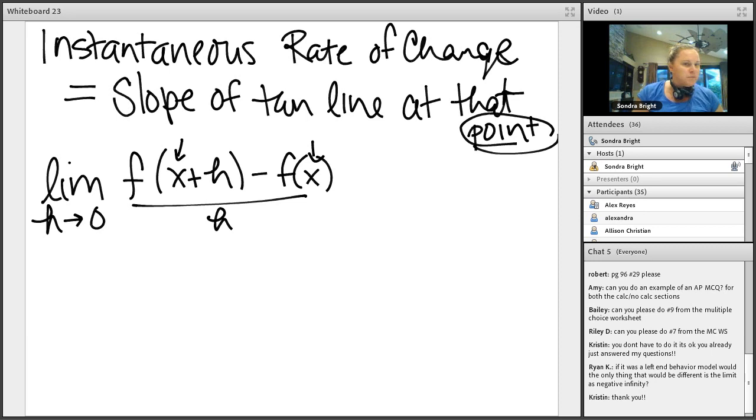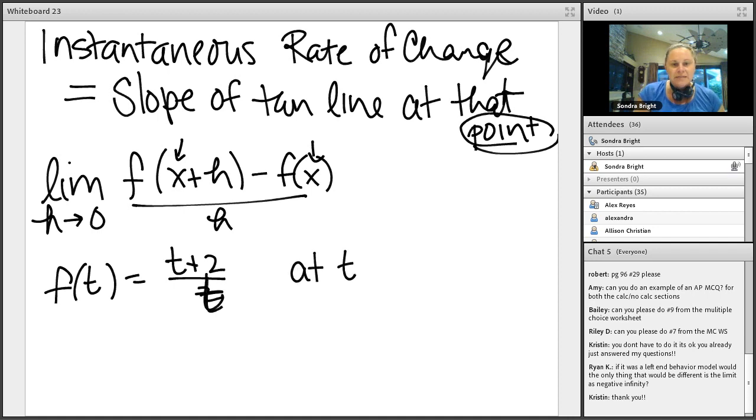So this problem, and I'm going to need to go to the next slide because otherwise I will definitely run out of room, but let's just try it. Okay, this problem was f of t is t plus 2 over t, and they want it at t equals 2.